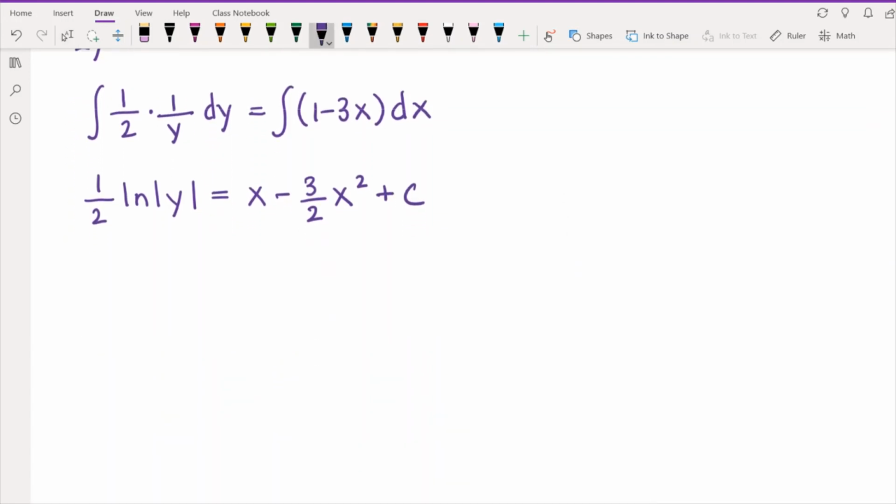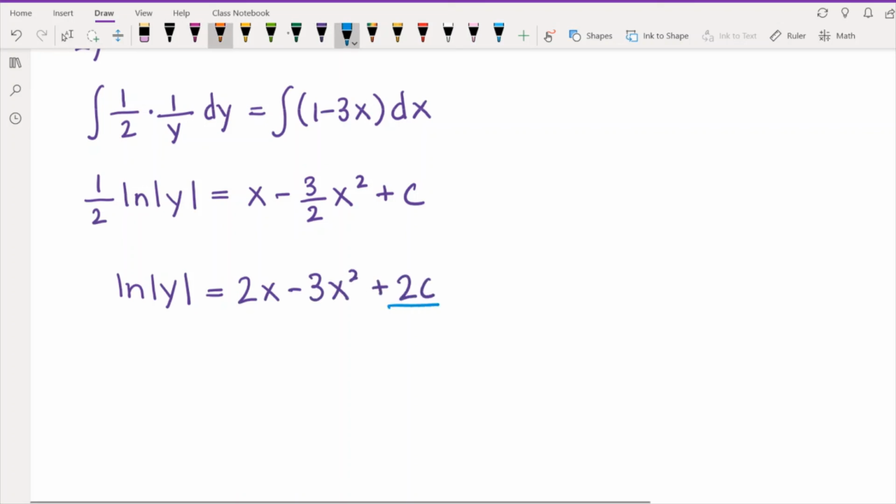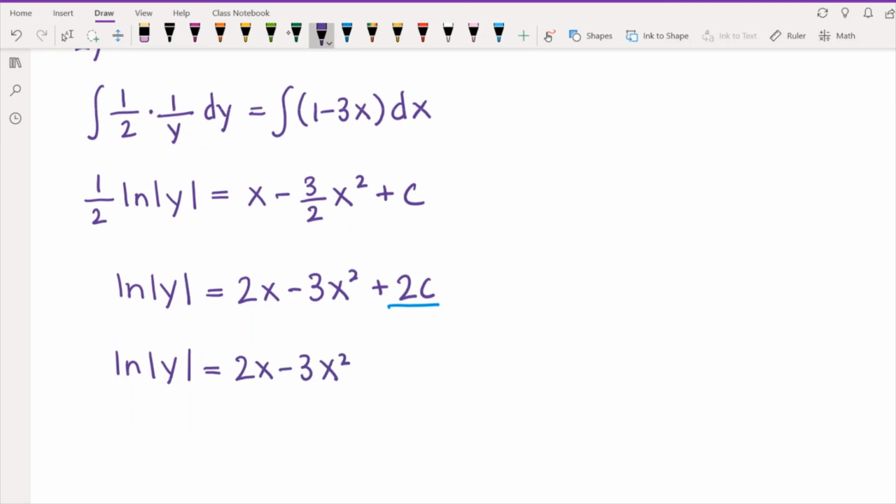So let's multiply everything by 2, because we're trying to isolate this y. So we end up with 2x minus 3x squared plus 2c, but we can rename this 2c as d. So we have ln of absolute value of y is equal to 2x minus 3x squared plus d.